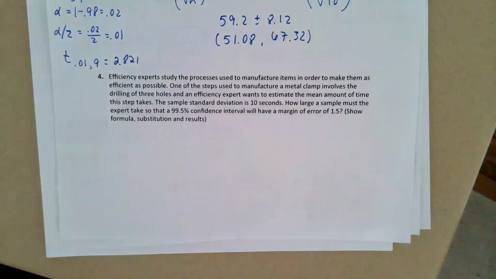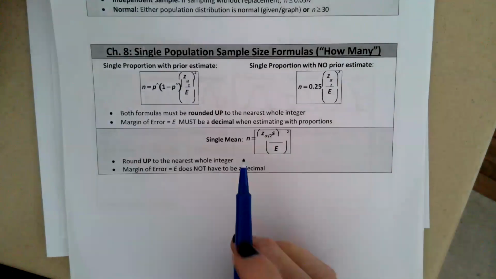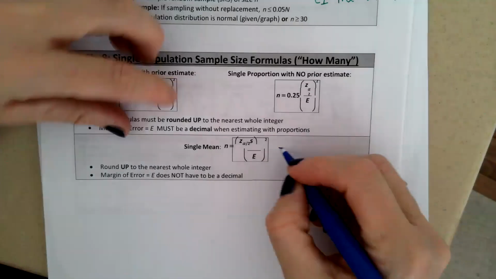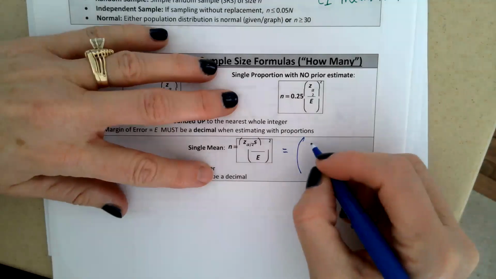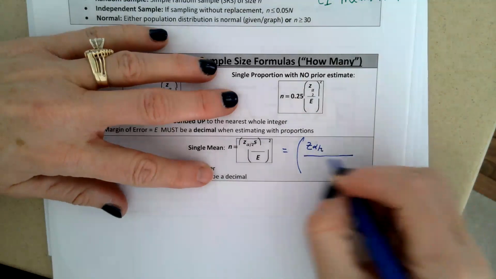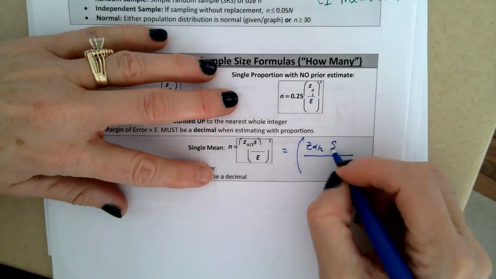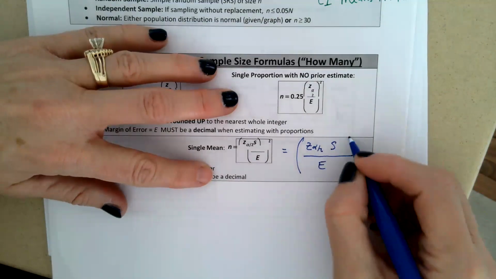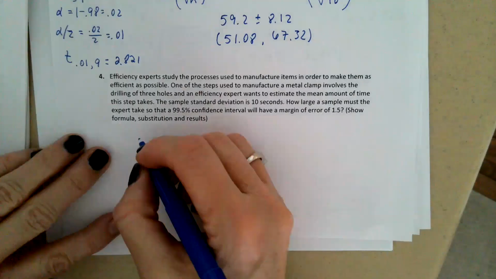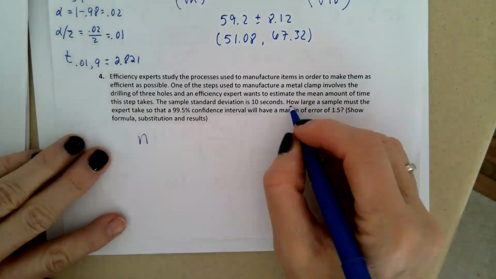So we're going back to our formula packet, and we're looking at sample size for mean, and the parentheses are off. So this whole thing is in parentheses. So it's the critical Z value times the sample standard deviation divided by the error, and that whole fraction squared. So it said how large a sample.